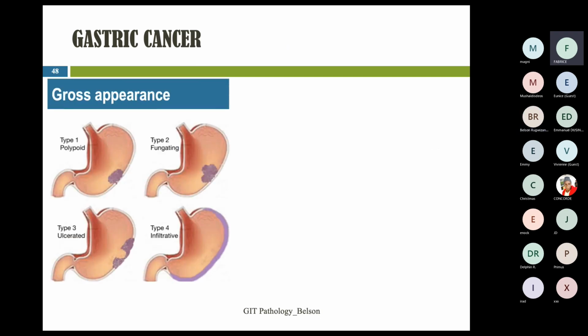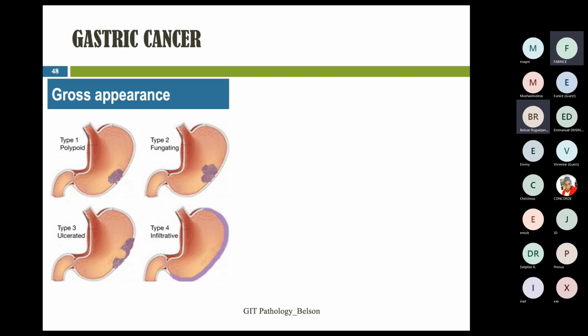So the appearance of the gastric cancer, it can be polypoid. So polype ntabwo ari diagnosis. Polype ni uburyo akamase kaza kameze nk'agacuma, kakaba karimo imbere muri lumen of the organ, stomach or intestines or even on the skin. It can be fungating. So ntabwo ari nk'agacuma gusa ahubwo kameze nka cauliflower.